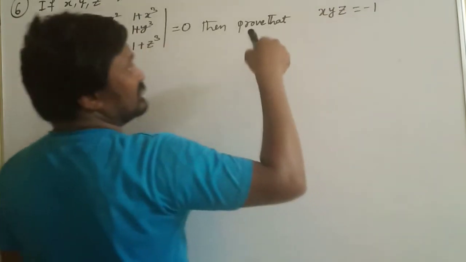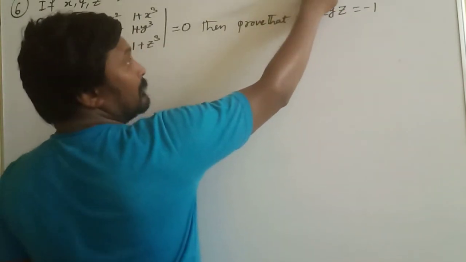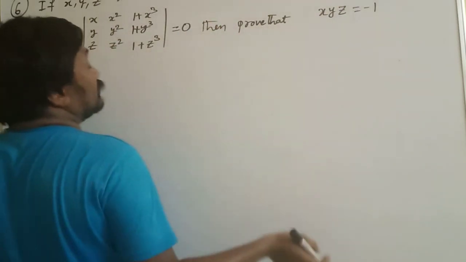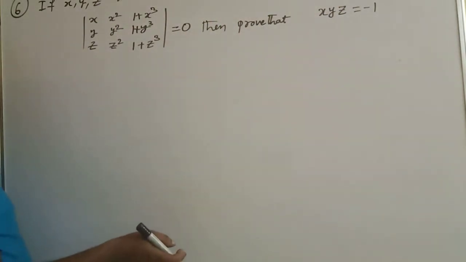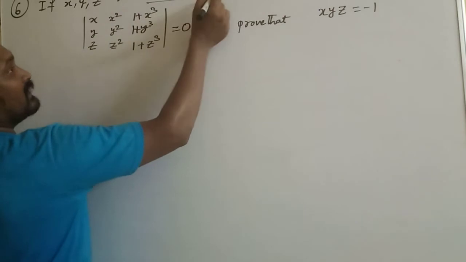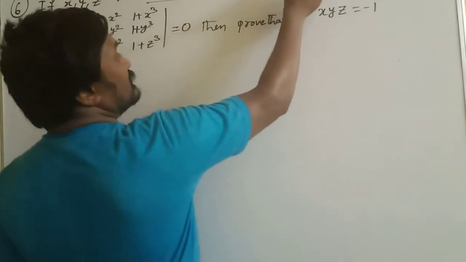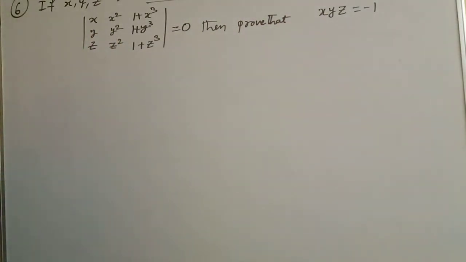The same reason: if it equals 0, X equal to Y will happen, where X equal to Y means real and equal, but here they have given real and different. Because of that reason, this needs to happen. Just remember this; it is useful when we are solving the problem. Okay, right, let's go to the solution.